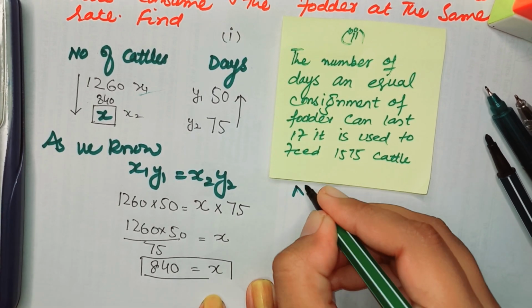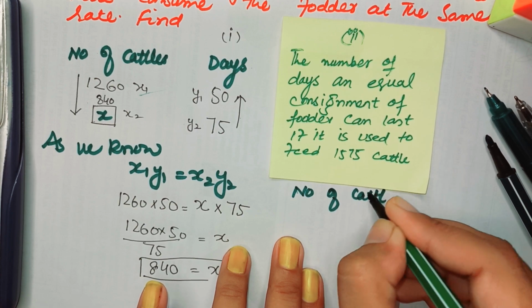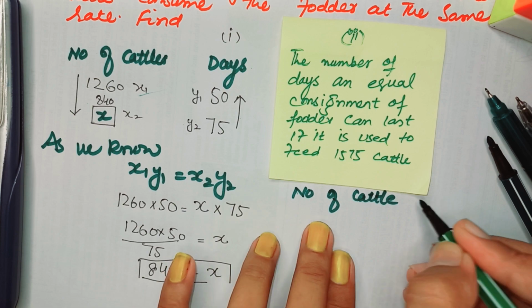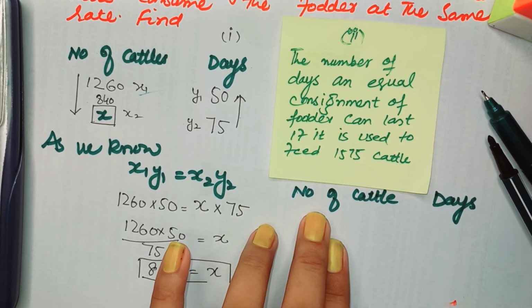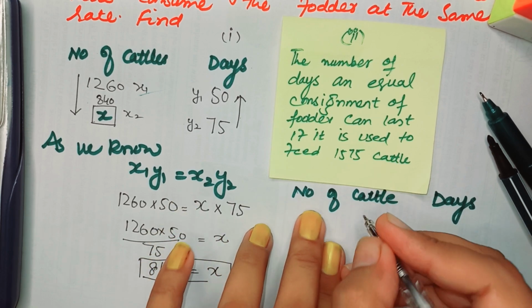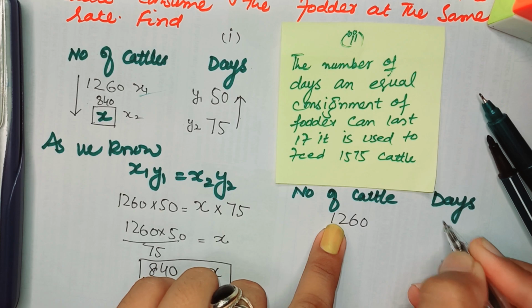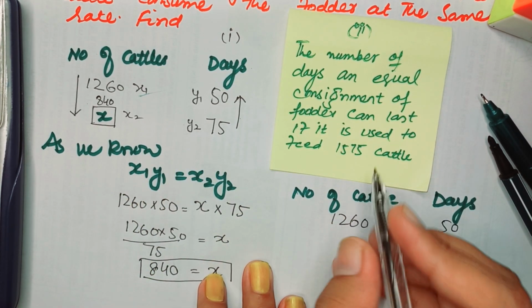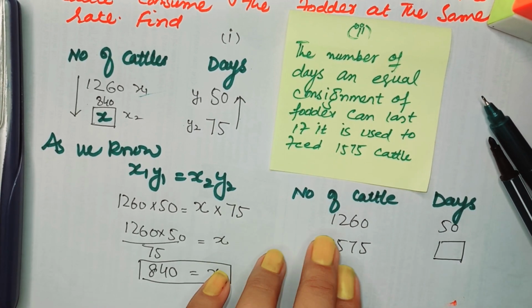So same is the case, number of cattle, and we have days. So like we have 1260 earlier and the days was 50, and now we have cattle 1575 and we have to find the days.